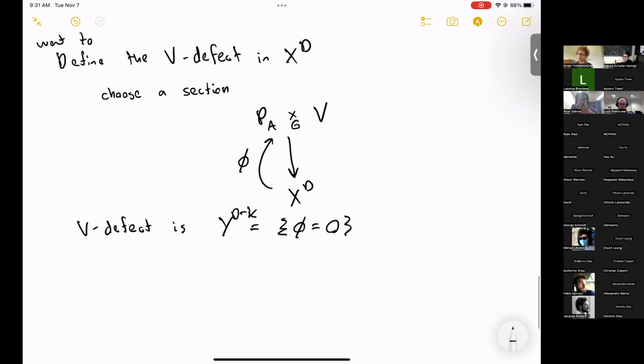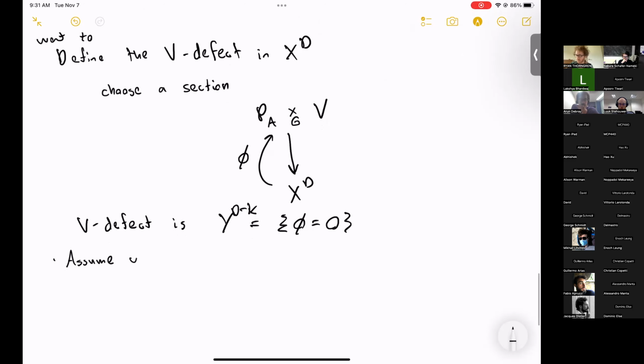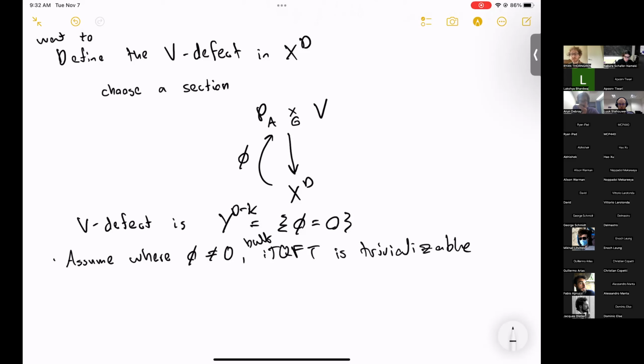So essentially, let's make an assumption. Assume that where phi is non-zero, the bulk invertible topological field theory is trivializable. So we broke the symmetry. I'll say more about what this assumption means, but we want to make sure that the bulk theory really becomes trivial, not just an invertible theory, but a real trivial theory.